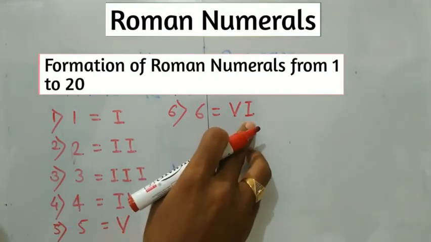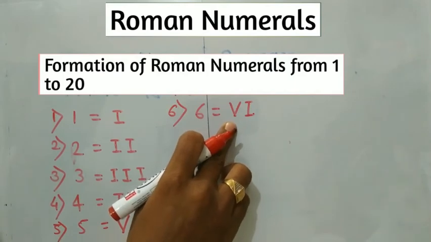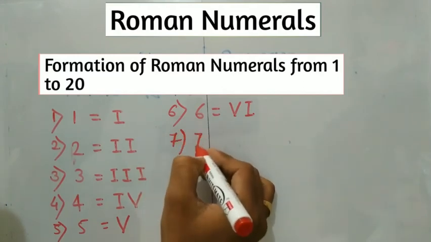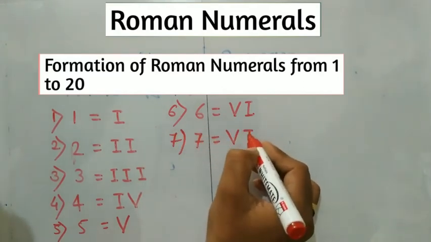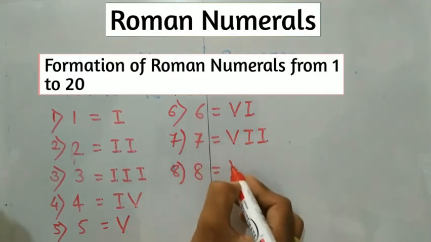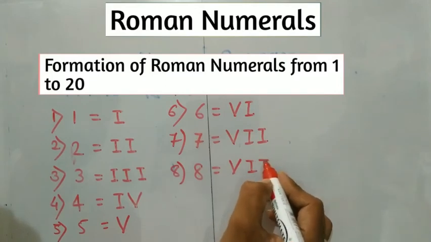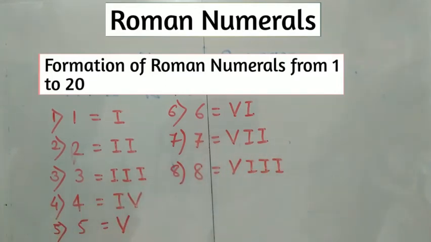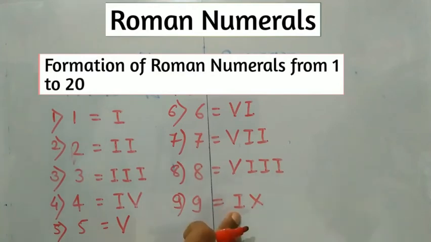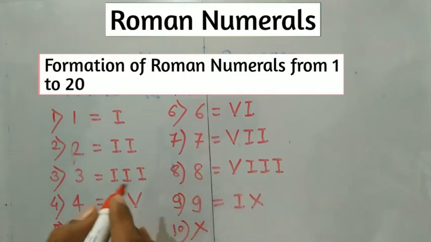When I is written to the right of the letter V, in that case the value of I will be added to the value of V. If we want to write 7, similarly we will write double I on the right of the V. If we want to write 8, then we will write triple I on the right of V. If we want to write 9, in that case we will write I on the left of X. The value of I, that is 1, will be subtracted from the value of X. And if you want to write 10, we will write X as it is.